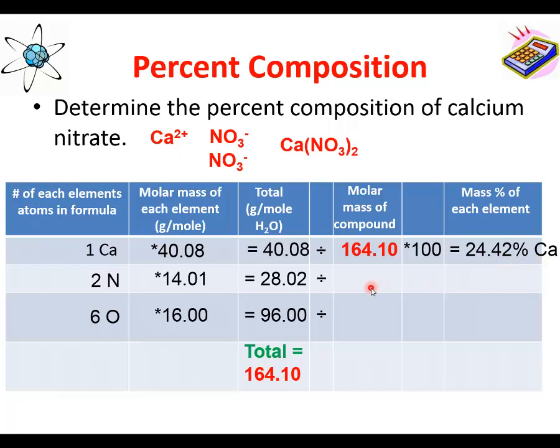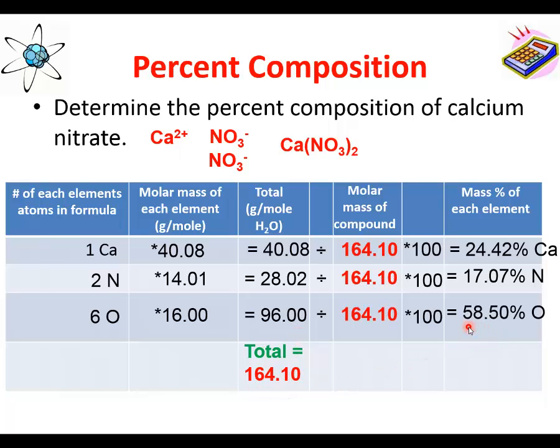I go ahead and divide that molar mass into each one of my gram totals for each element. So I take 28.02 grams of nitrogen divided by 164.1 times 100. That gives me 17.0% by mass nitrogen. If I take 96 grams of oxygen divided by my molar mass of 164.10 times 100, that gives me a mass percent of 58.50% oxygen.